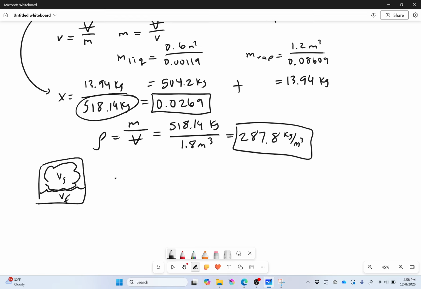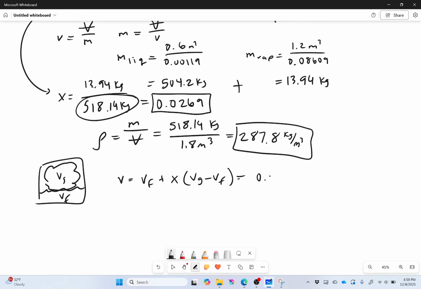And so I can find any of those properties using my quality. So my specific volume, which is related to density, is equal to my specific volume of saturated liquid. We start there and we start going up, plus the quality times the difference between my specific vapor and specific liquid. I'm not going to bother plugging all those numbers in because it's going to come out to be, well, not the same number because this is specific volume.